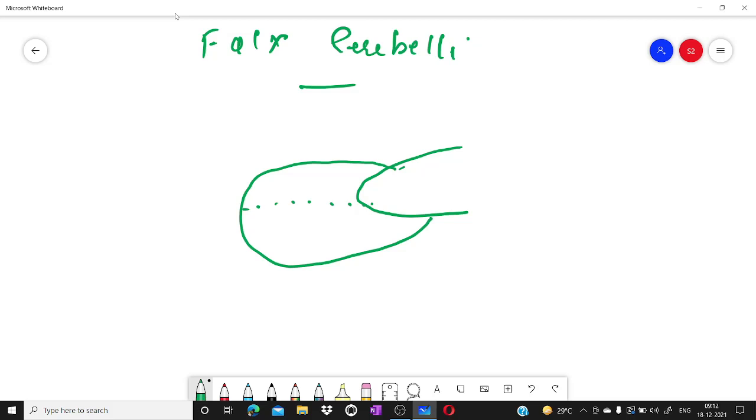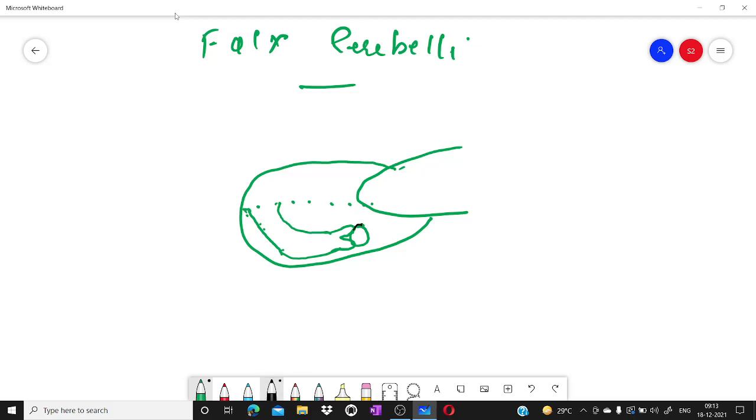We know that the falx cerebri was attached to the superior surface of the tentorium cerebelli in the median plane. Like this, the falx cerebelli is attached to the tentorium cerebelli but on the inferior surface. It goes downwards, and at its anterior end it splits into two and is lodged on either side of the foramen magnum.